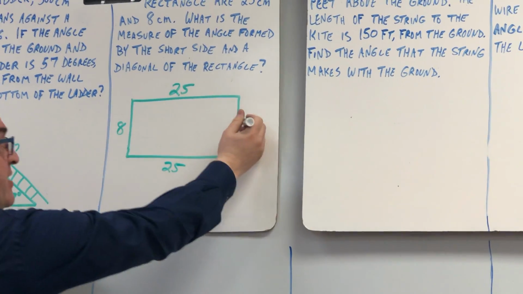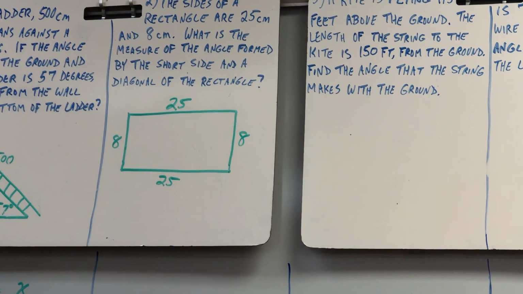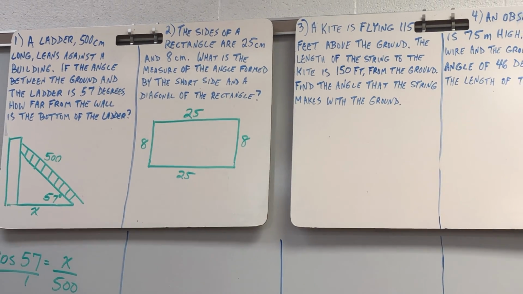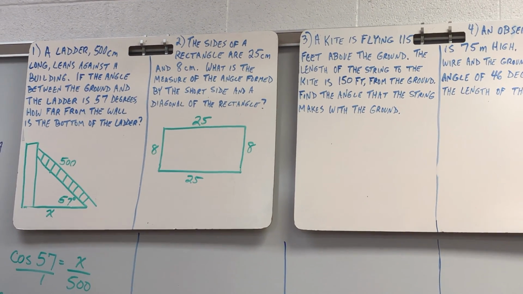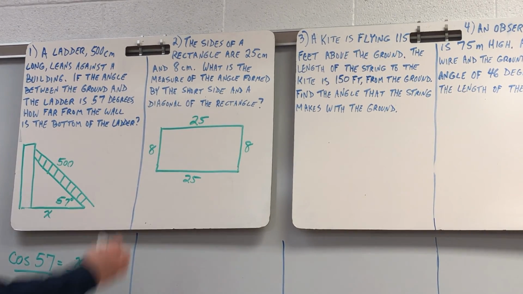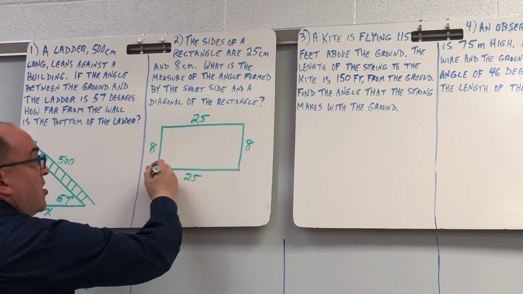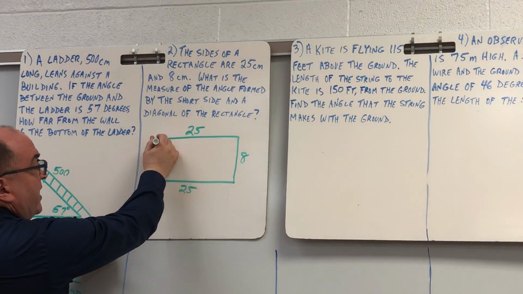And if this is 8, this is 8. What is the measure of the angle formed by the short side and a diagonal of the rectangle? Draw a diagonal. It doesn't matter how you draw it. You can draw it like this or like this. I'm going to draw it like this.